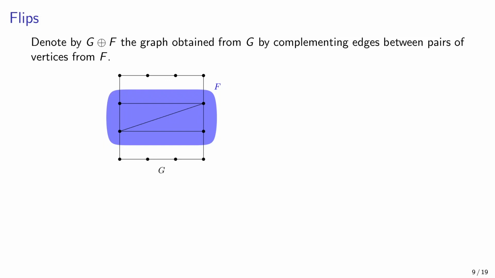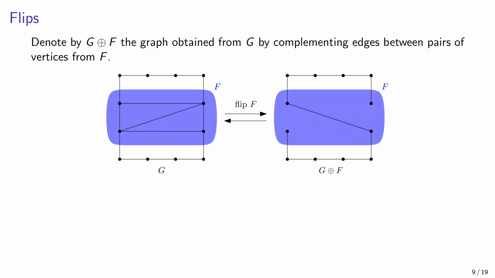Here's a graph G, and in blue I select some vertices, the set I call F, and now I flip the set F. If I have two vertices and they are both inside the set F, if they are connected by an edge, I remove that edge, and if they are not connected by an edge, I add an edge. So I flip the adjacencies inside the set. And this operation is reversible. So if I perform the same flip twice, then I will get back to my original graph.